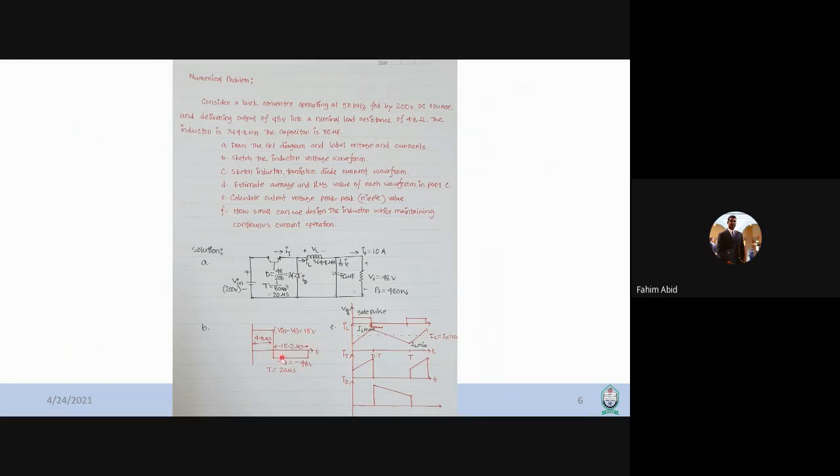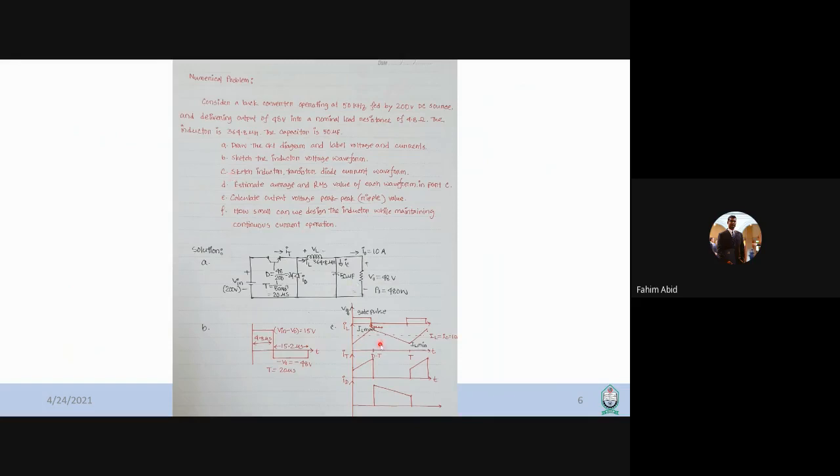And during the off time, the voltage across the inductor is the negative of the output voltage. The output voltage is 48 volt, so your voltage is minus 48 volt.